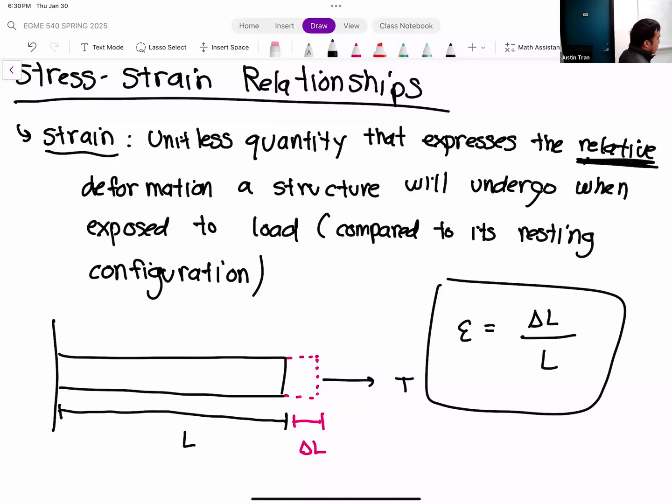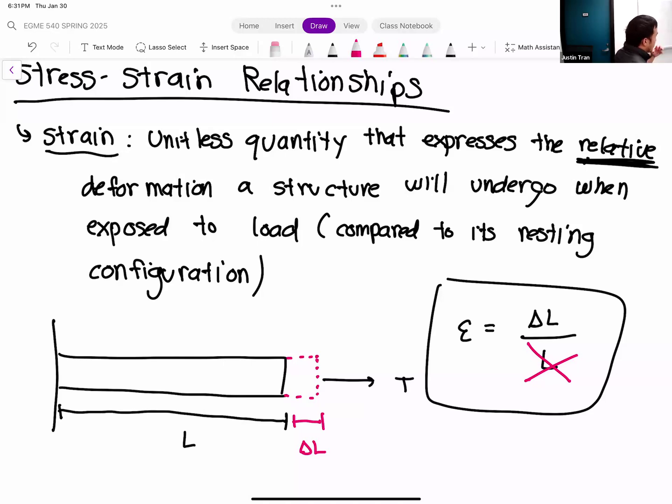The quantity total deformation that you're viewing is very similar to this, except total deformation does not have L in the denominator. Okay? So total deformation just says, what is the ruler definition? You take your part, you apply a load. What is the ruler distance between where this point was and where it is? That's total deformation.